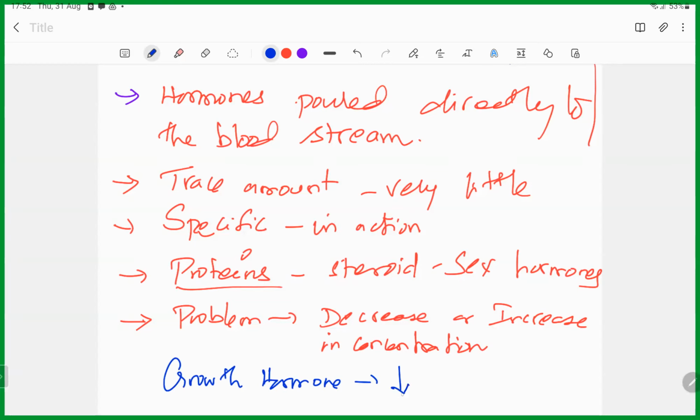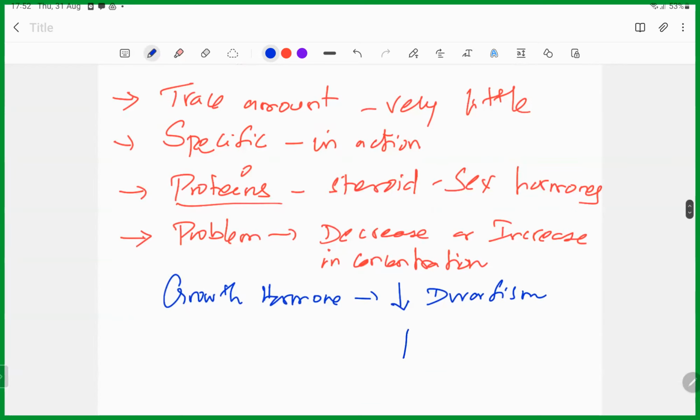If there is a decrease in growth hormone, it results in what? Dwarfism. And if there is an increase in growth hormone, gigantism. Can you understand? Gigantism.